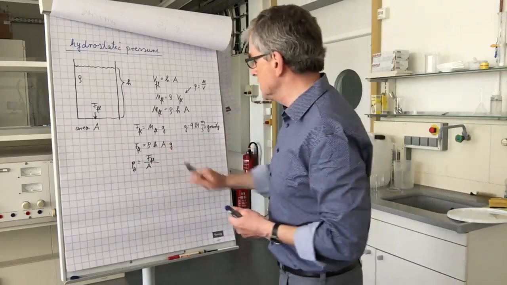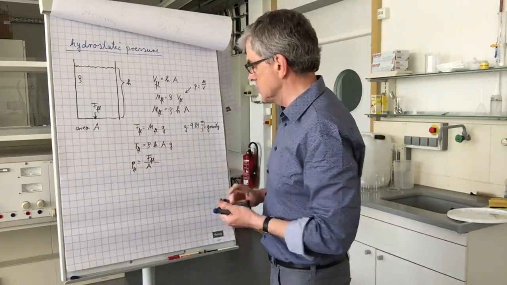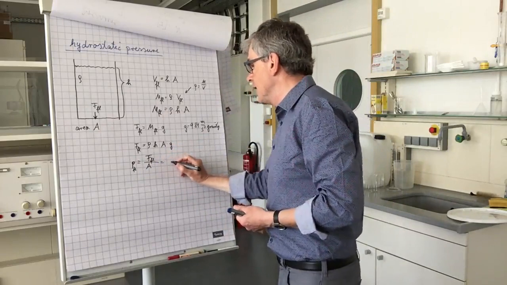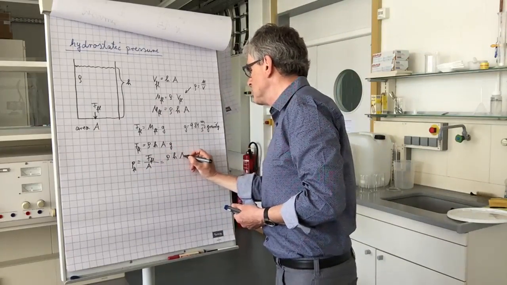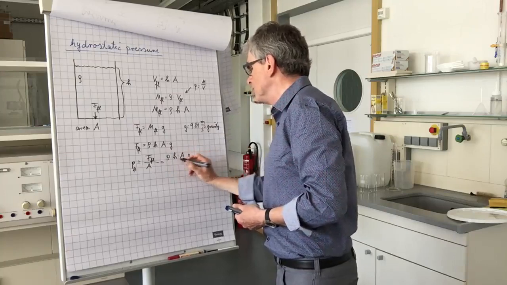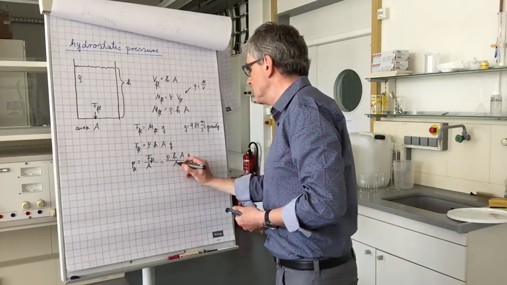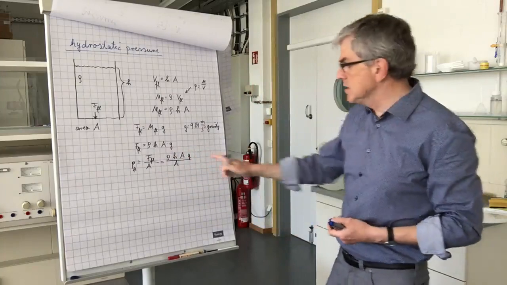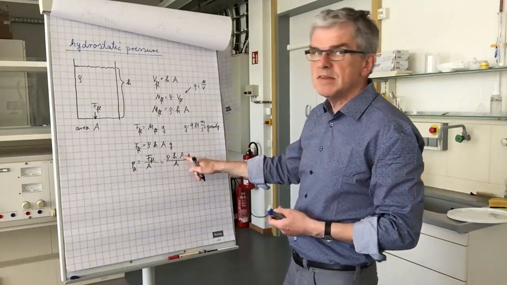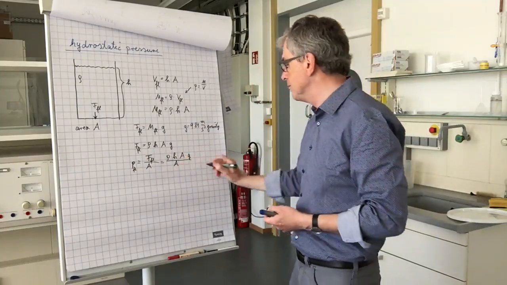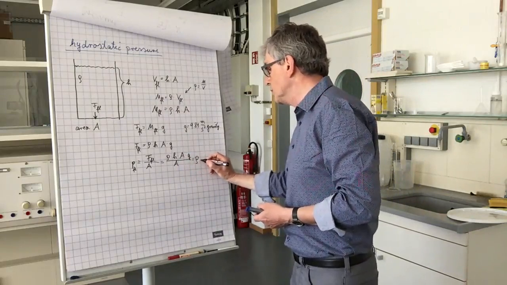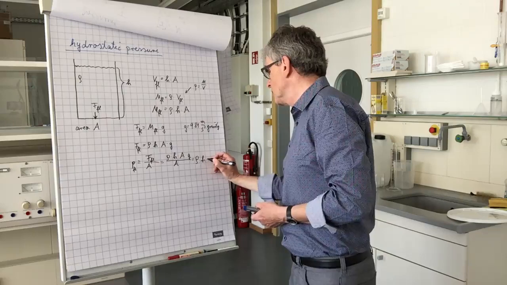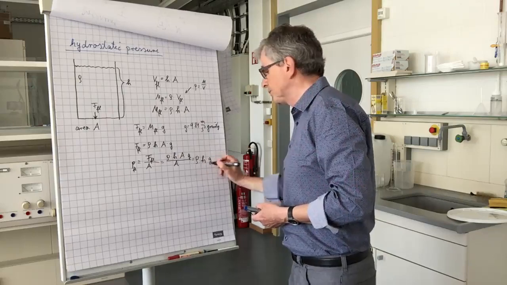Now we can put this expression into this expression, and then we get rho times h times A times g divided by A. As you can see, this capital A, the area, cancels, and therefore we get rho times h times g.